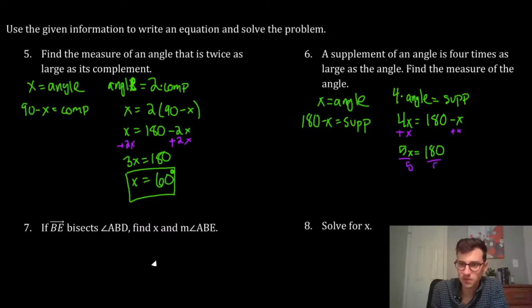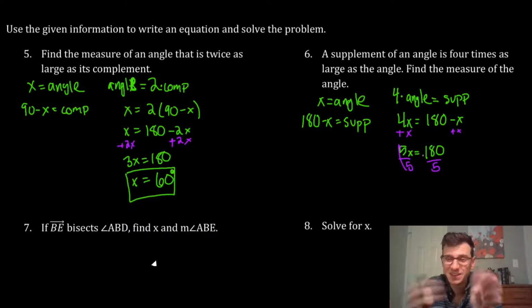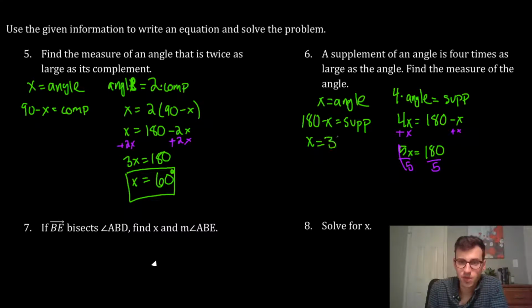Divide by 5. If I divide 180 by 5, 180 divided by 10 is 18. That's easy. And since 5 is half of 10, I multiply 18 by 2, I get 36. So x equals 36.